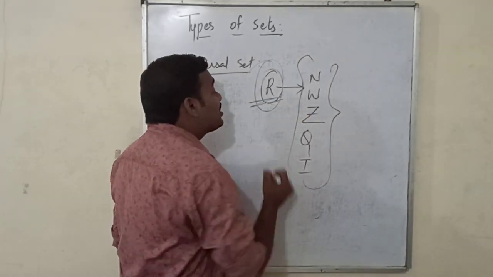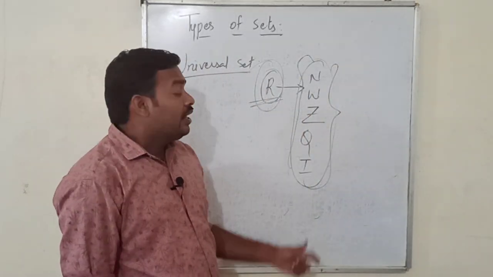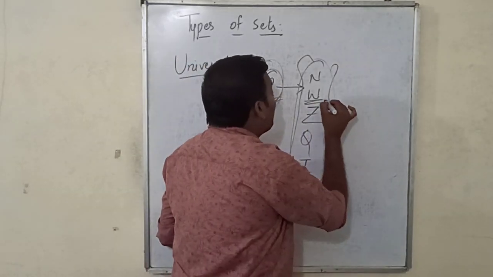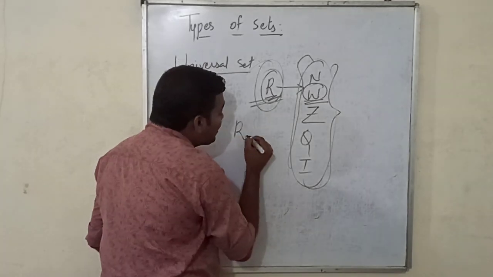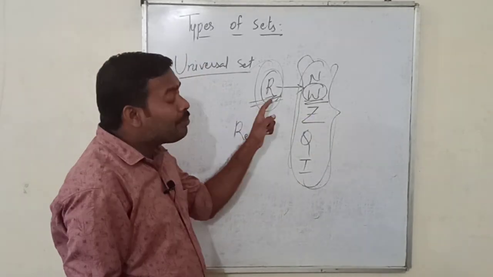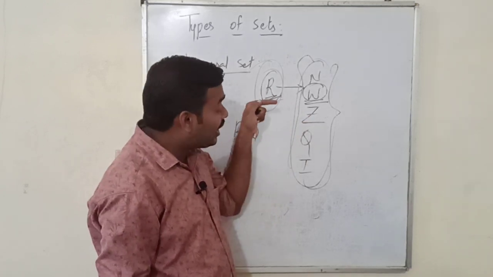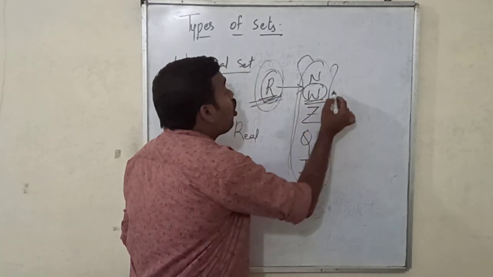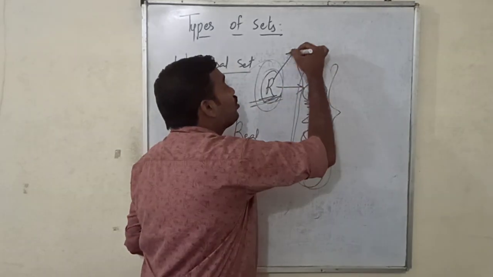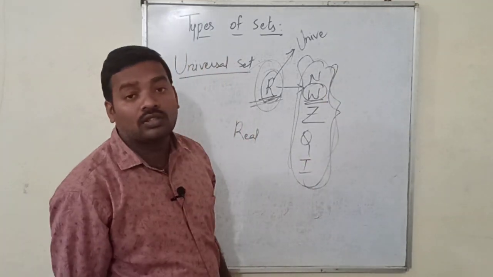So this is the universal set for all these numbers, because W is a set under real numbers. That means real numbers contain whole numbers, natural numbers, integers, rational and irrational numbers. That means this set contains all these numbers. Then this is known as a universal set for all these numbers.